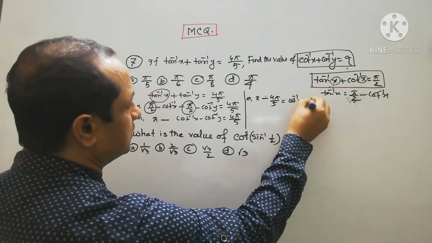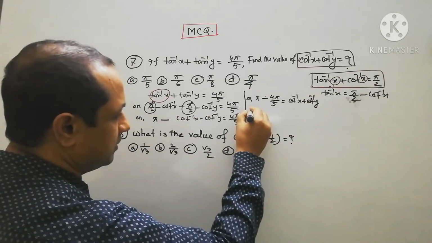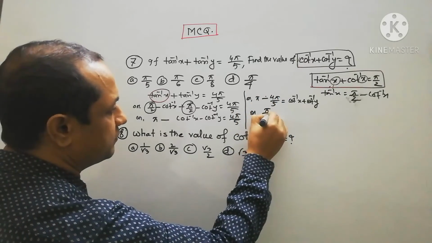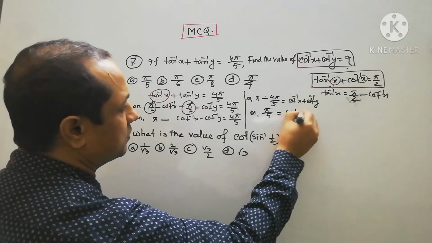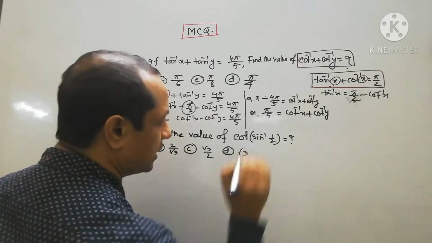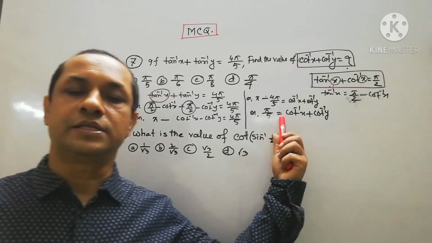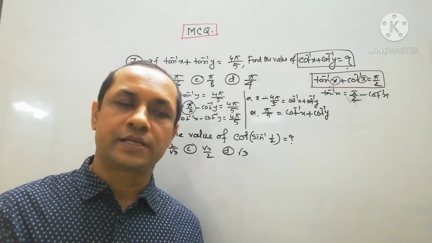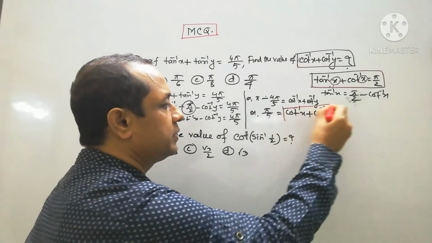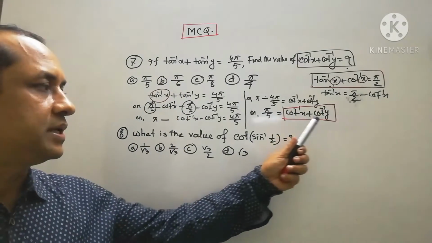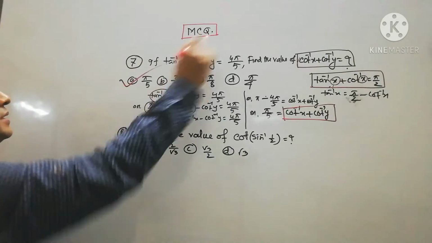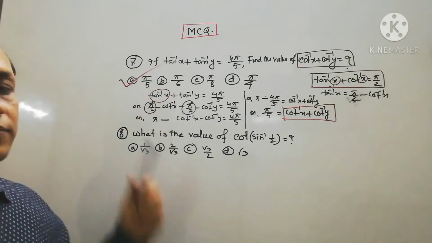Taking the LCM, 5 pi minus 4 pi, so pi by 5 equals cot inverse x plus cot inverse y. So the result is cot inverse x plus cot inverse y equals pi by 5.